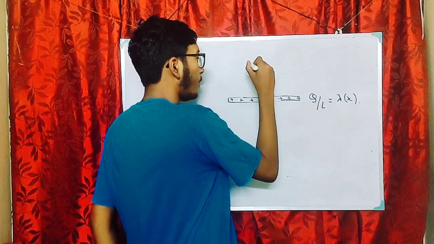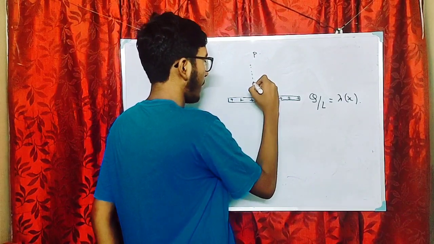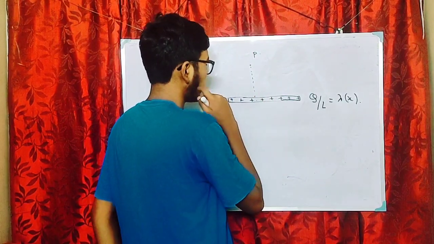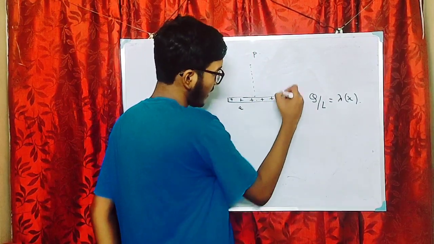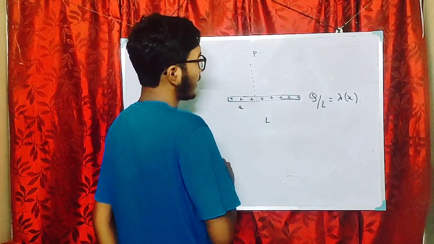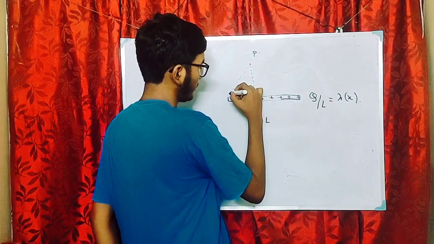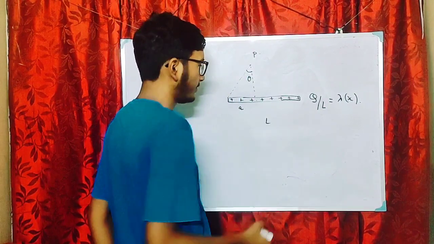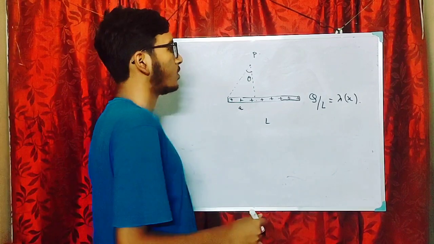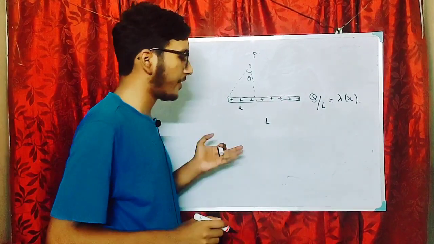So at a point P, let's say this distance is a, the whole length is L, right, and say this angle is theta. So we have to find out the electric field at this point P. This is the most general case I have taken.